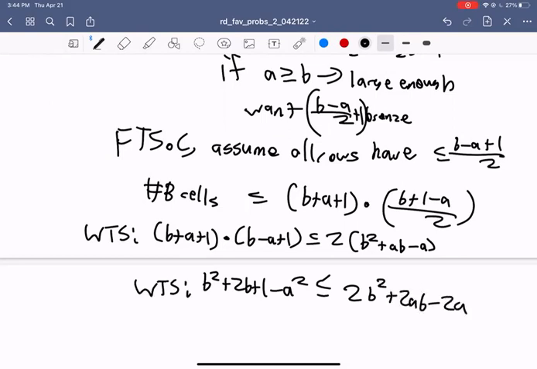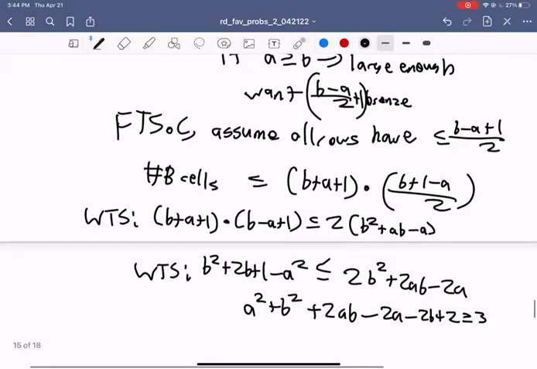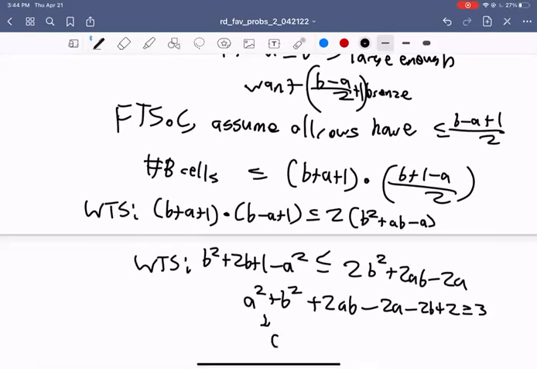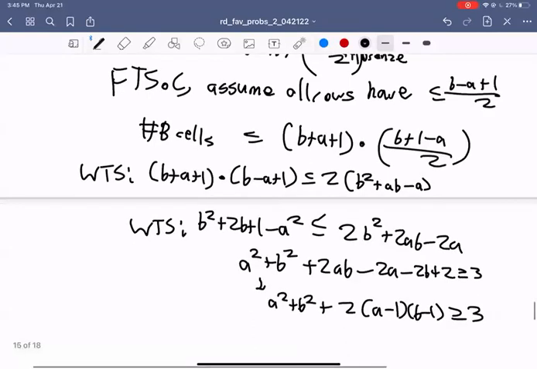And if we rearrange this, this simplifies to A squared plus B squared plus 2AB minus 2A minus 2B plus 2 is greater than or equal to 3. And this means A squared plus B squared plus 2 times A minus 1 times B minus 1 is greater than or equal to 3. And the minimum for A and B are each 1.